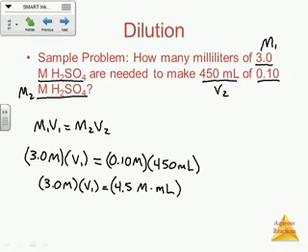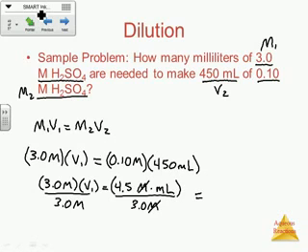So then I need to solve for V1, right? So I'm going to divide both sides by 3.0 molar, and see how nice that works out. The units cancel out and it leaves us with milliliters. All we have to do here is take 4.5 divided by 3, and you end up getting 1.5 milliliters for the initial volume that you need to add.